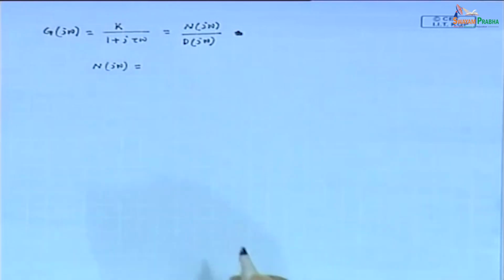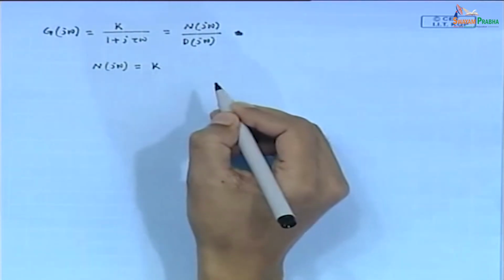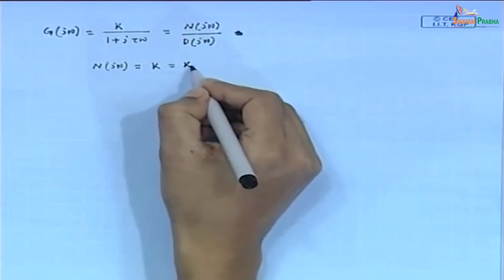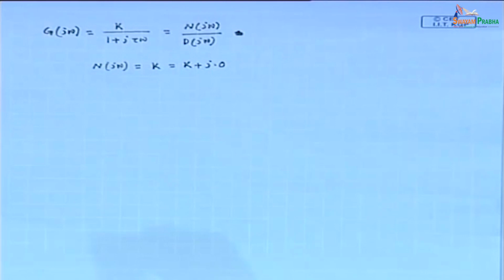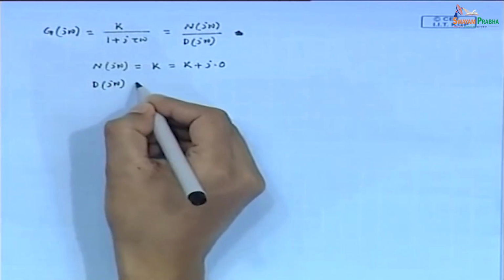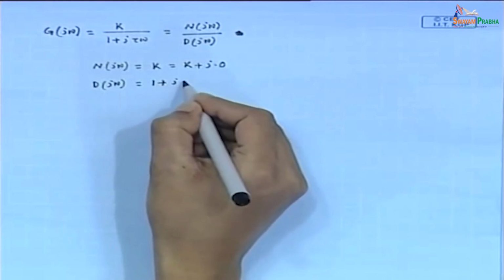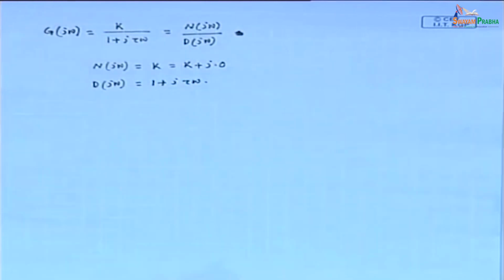Now, what is N(j omega)? N(j omega) is equal to K. So, we can write this as K plus j multiplied by 0, and we can write the denominator as 1 plus j tau omega. Fine.